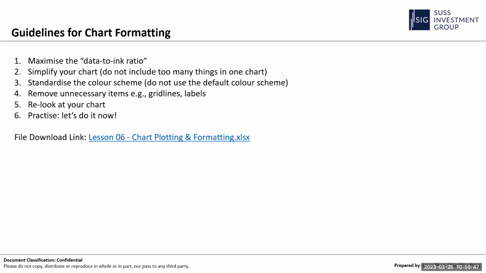Anyone can understand what is data to ink ratio? No? Okay, so there's two parts to it. Firstly is the data that you're trying to show across. And secondly is the amount of ink that you use inside your chart to show this info.